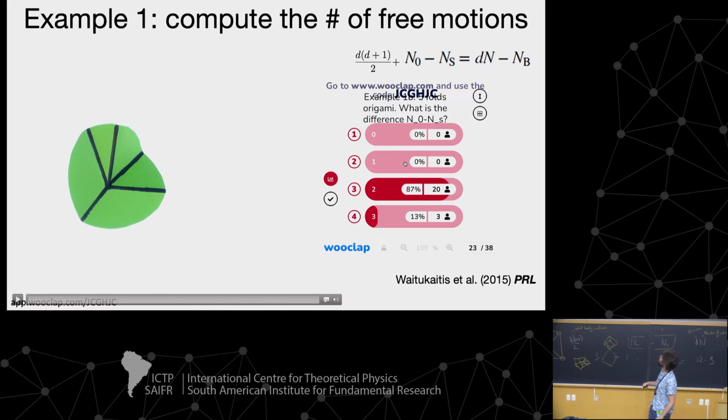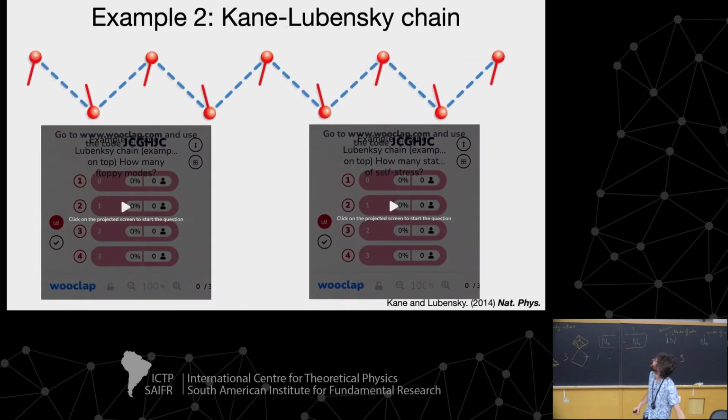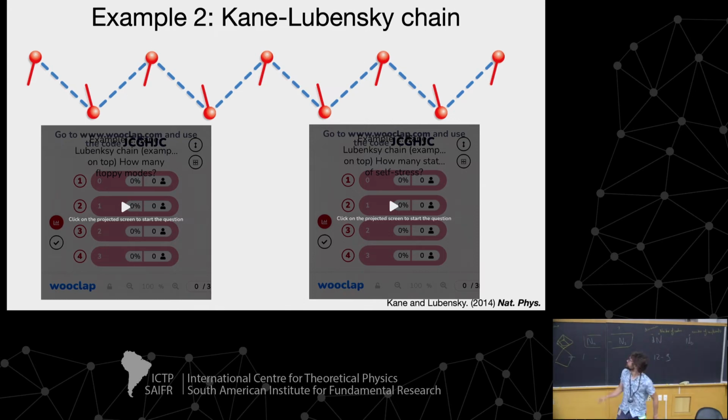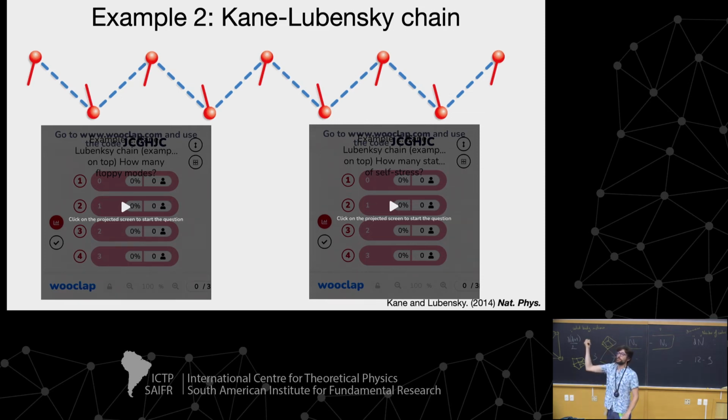Actually, the next example is quite good for that. This is the chain I think Tom introduced, and I think Xiaoming will also discuss. Here there's more than one way of doing the counting, and we have the same quiz again. I encourage you to be lazy. These are anchored in the ground. These beads are freely rotating around this anchor.